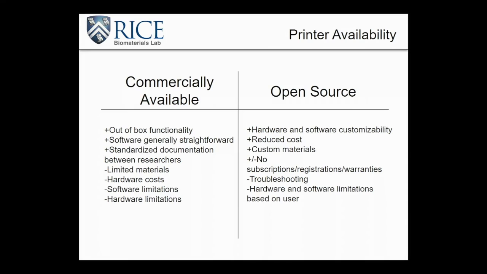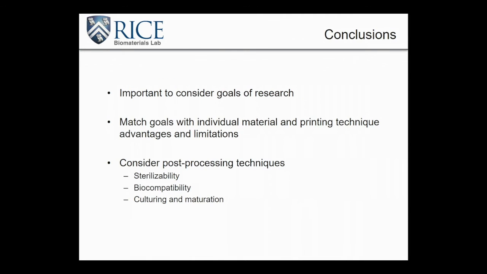And if you decide to go the other way, going open source, there's of course a good deal of knowledge out there on customizing both the hardware and software side of open source 3D printers. They're obviously much more amenable to custom materials if you have the time and the ability to customize your open source printers to the materials that you're using.